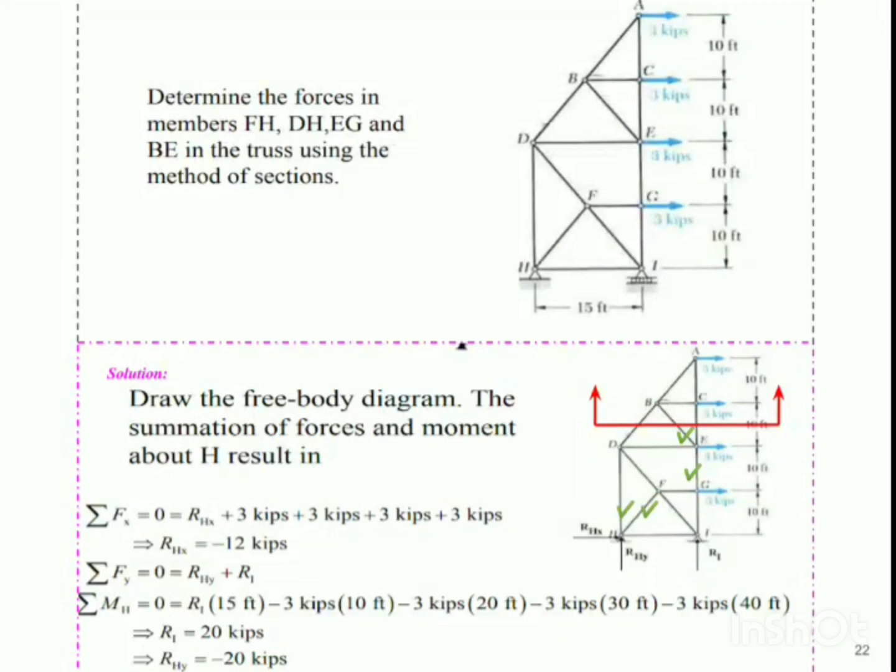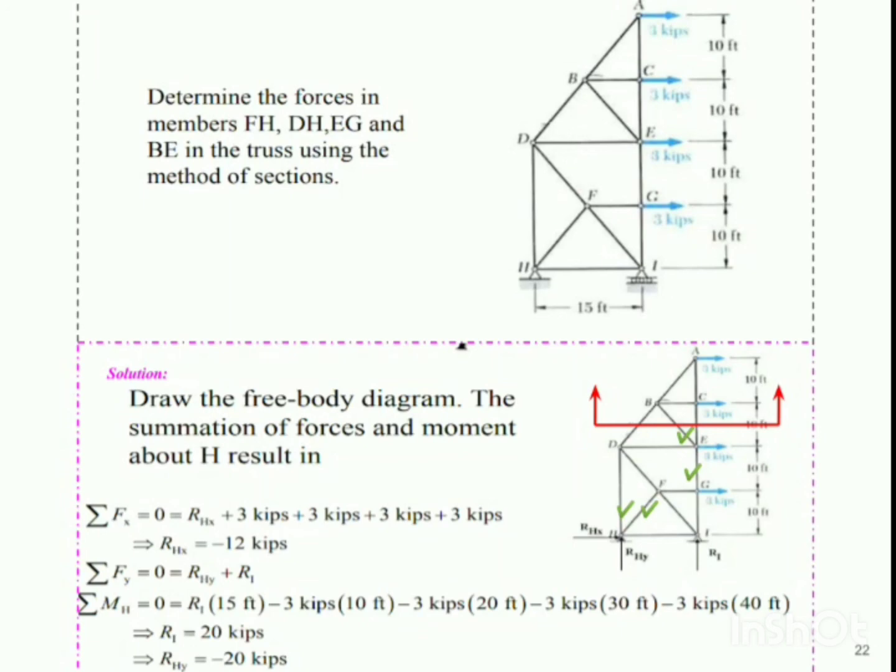So what we can do is that we can pass a cutting section that we'll see ahead. The nature of this section line can be a straight line, or it can have a curve, as may be required depending upon the arrangement of the members. Okay, so that we'll see ahead.